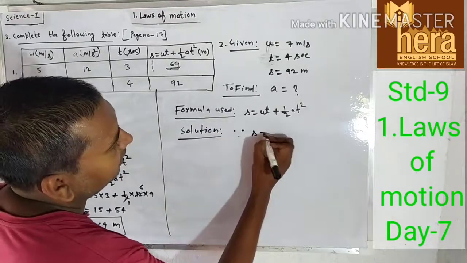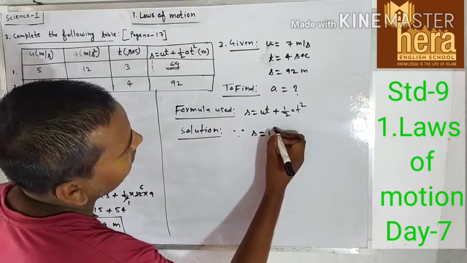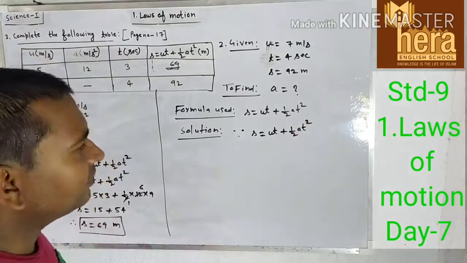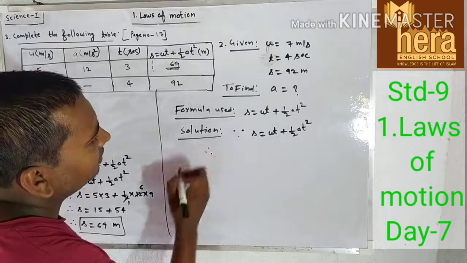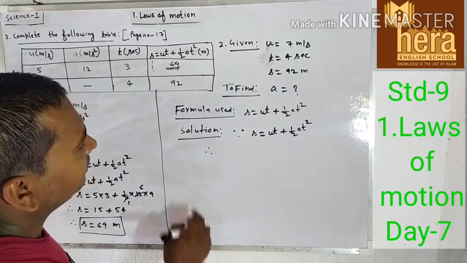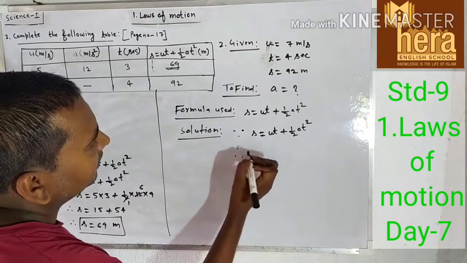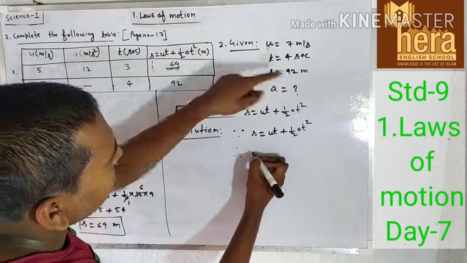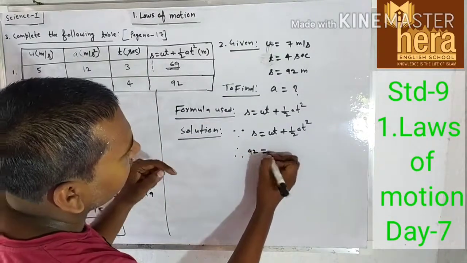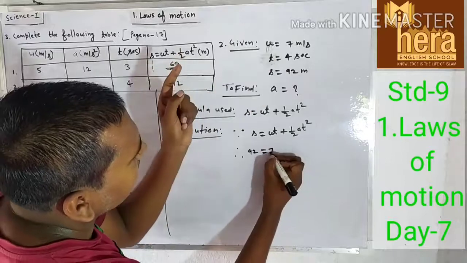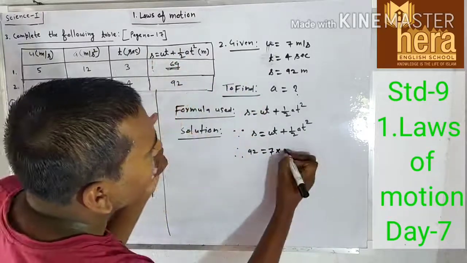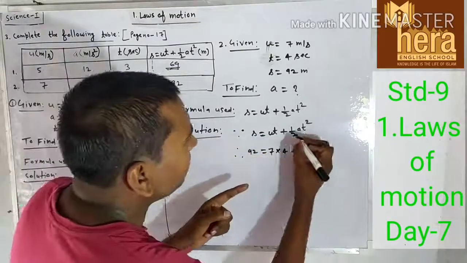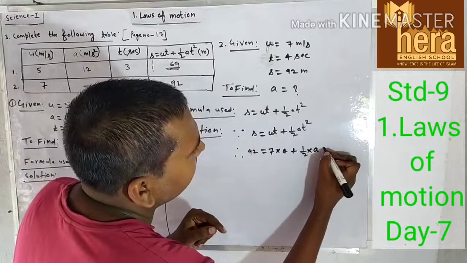Since S is equal to ut plus half at square, therefore S is equal to how much? S is equal to 92 is equal to U is equal to how much? 7. T is equal to 4 plus 1 upon 2 into A is equal to question mark. So write here A into T square.